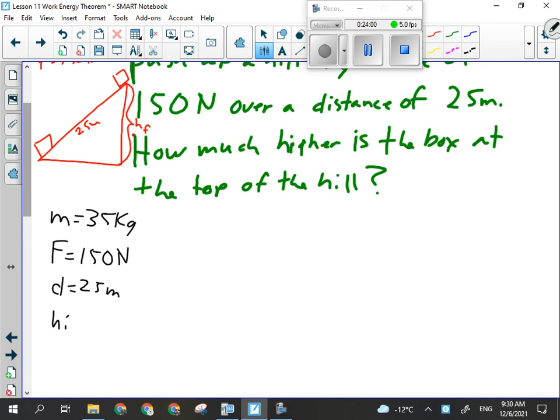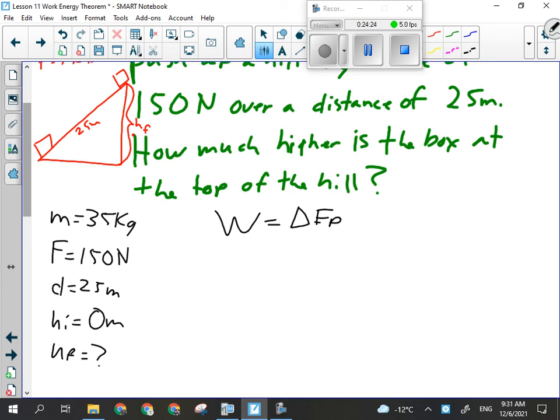All right, so that indirectly tells me the initial height is 0 meters, and the final height is what I'm looking for. How high is the top of the hill? So I've got mass, I've got force, distance. What type of energy is being changed here? Potential energy. The height of the box is changing. Doesn't mention anything about speed change, just height change.